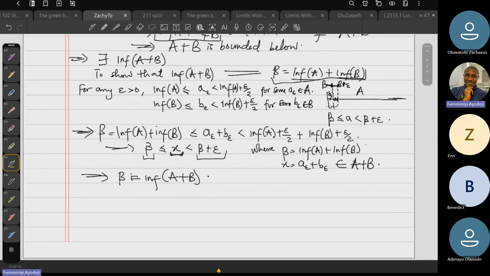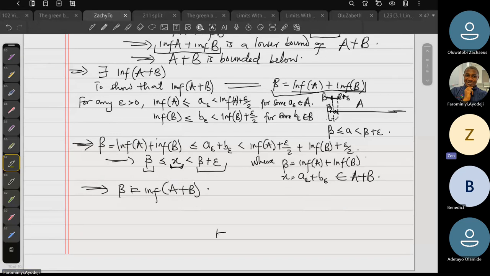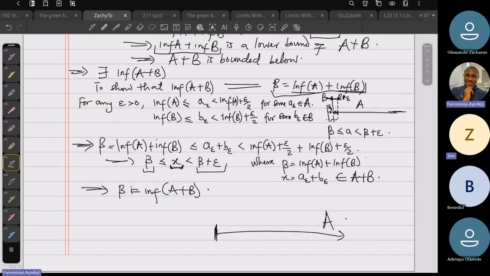So let me use the picture to explain again. This is A, and this is the infimum of A here. The lower bounds are here.